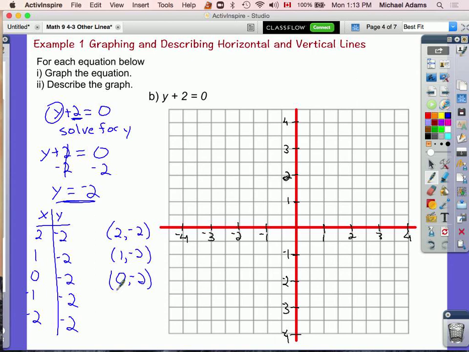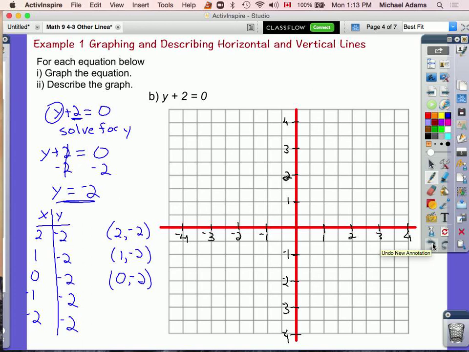So on the x-axis, here's 2, and I'll go down to negative 2, and negative 2 right there. Oh, I'm mixing it up. I'm getting myself confused here.